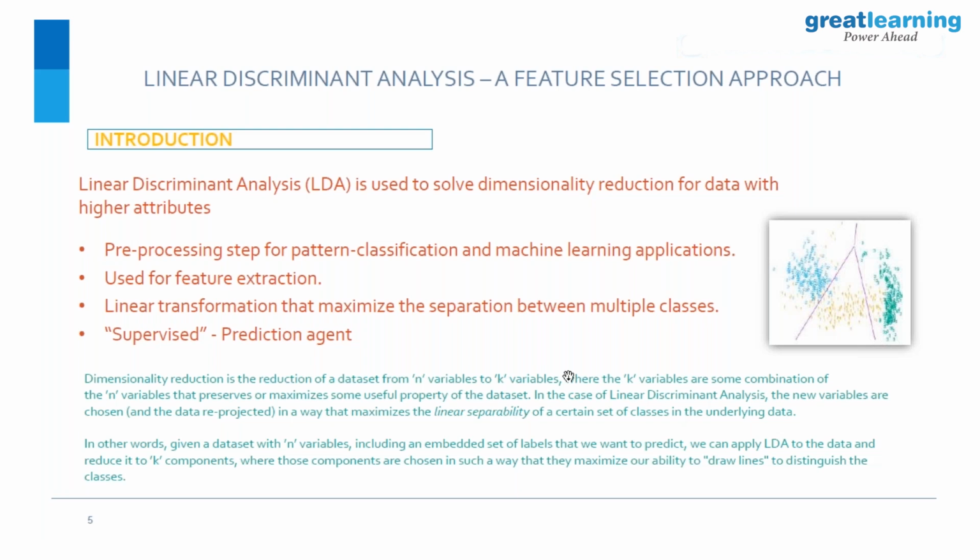Now, as I mentioned, it's a stage before the final application of machine learning. We use it for feature extraction. The idea is, if you look at the small graph on your right, this is one of the finest graphs that is used to denote the classification of my data into certain specific types.